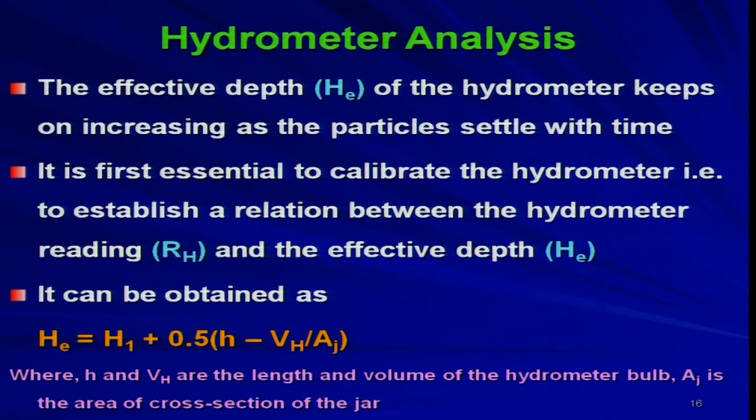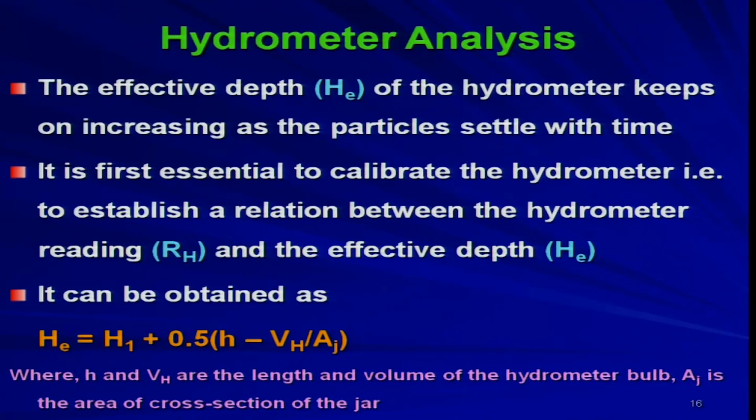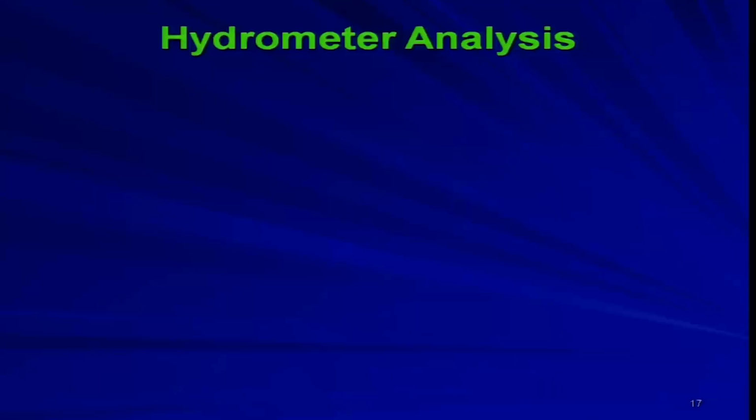That comes from buoyancy, as the particles settle down and the water level changes, where small h and capital VH are the length and volume of the hydrometer bulb, and AJ is the area of cross section of the jar. So, you put the hydrometer inside the soil water mixture, and then you calculate HE based on this equation.